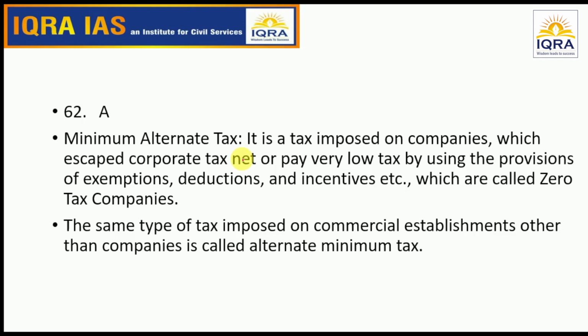That is what we call zero tax companies. To target them, this MAT was introduced. And when this is imposed on commercial establishments other than companies, companies meaning those registered under the Companies Act, if imposed on anyone else other than those registered under the Companies Act, we call that AMT, that is alternate minimum tax.